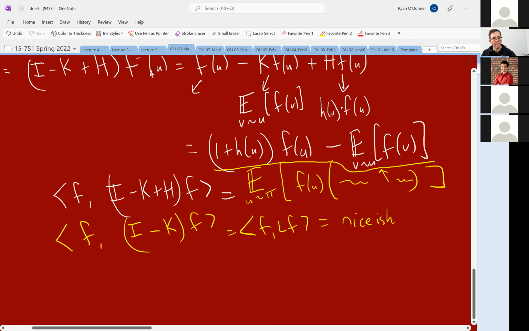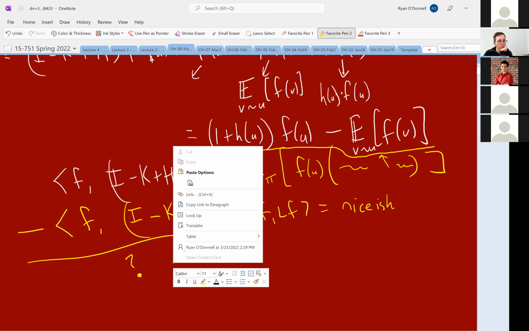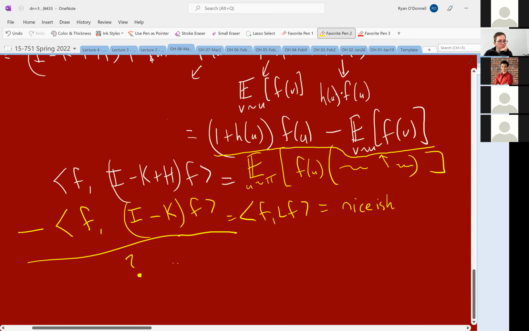Actually, you could imagine subtracting these. That's the linearity of the inner product. We could have said the same thing as the inner product of FLF plus FHF in some sense. That's right.